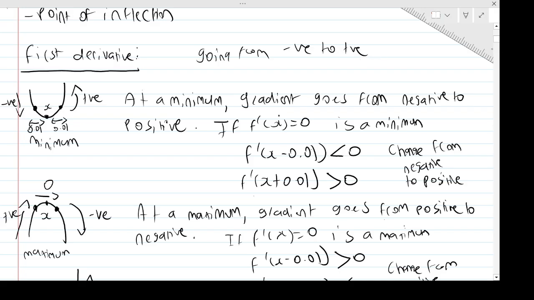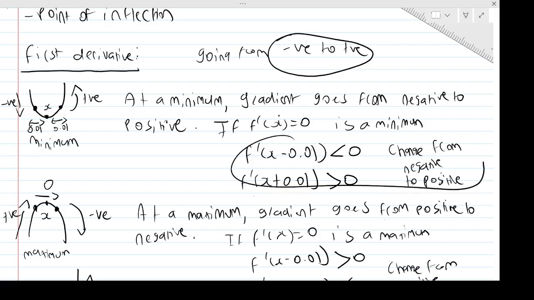So how much is it changing? Because the second derivative is a derivative of the first derivative, so it's all about how the first derivative is changing. Okay, this is the first derivative. We saw that for a minimum, it's from negative to positive, right?